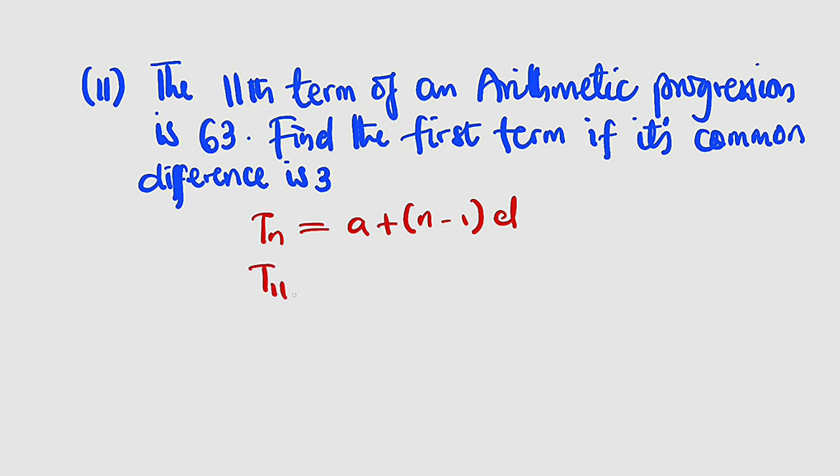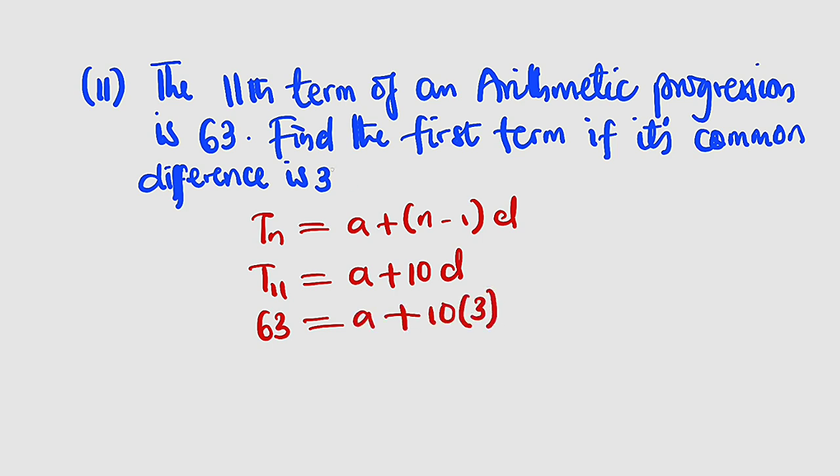So term number 11 will be equal to a plus 11 minus 1, which is 10, then multiplied by d, right? But the 11th term is equal to 63, which is equal to a plus 10 multiplied by 3, because the common difference is equal to 3. And 10 multiplied by 3 is equal to 30.